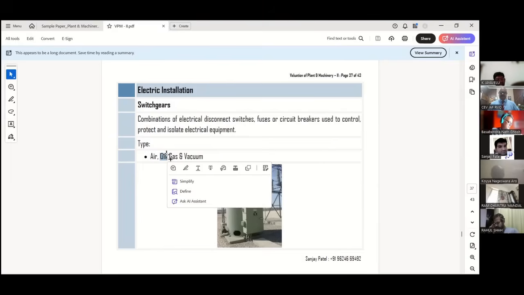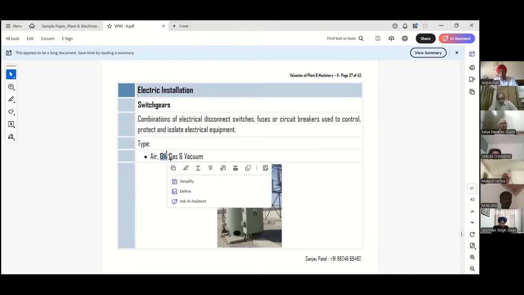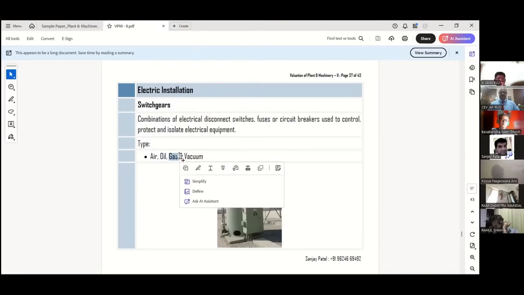In a medium capacity switchgear, oil. So the contactors are immersed in the oil. Whenever there is a connection or disconnection, a spark is generated. The spark is quenched by the oil. Gas. Okay. For the high capacity switchgears, gas which works as a fire extinguisher.